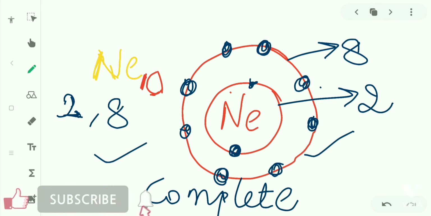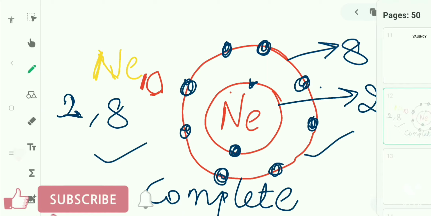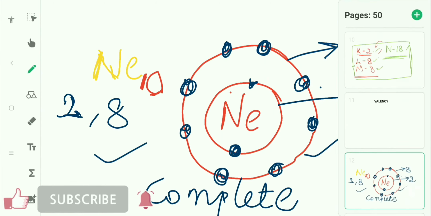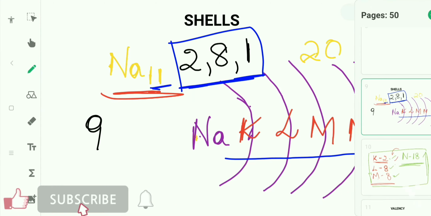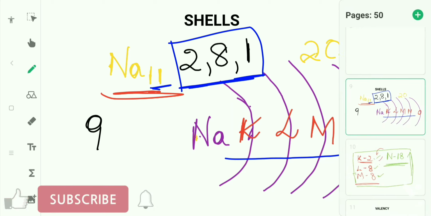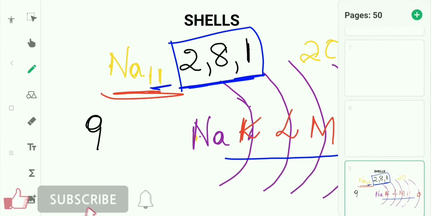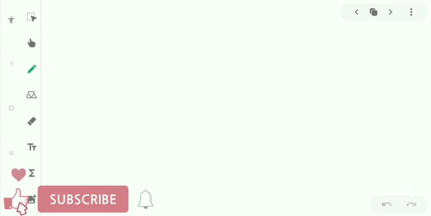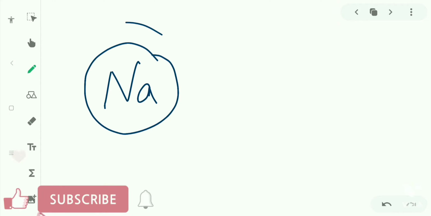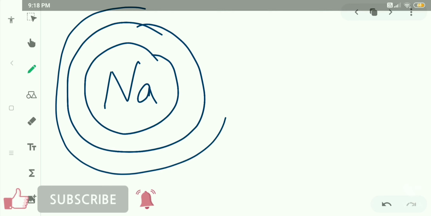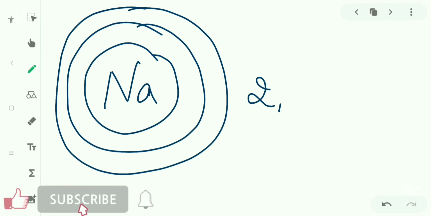So what is an incomplete orbit? When you take sodium, it has 2, 8, 1.